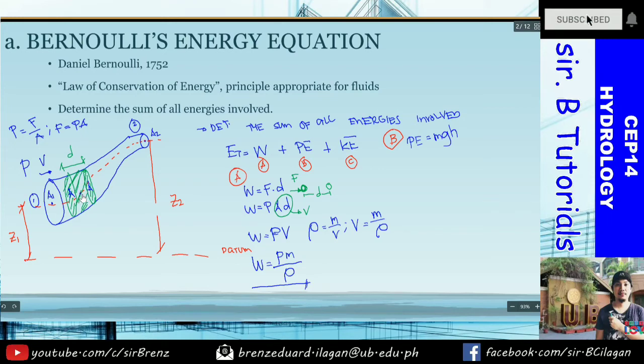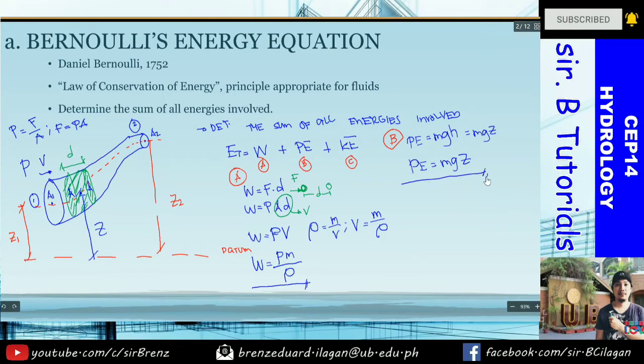So let's just say this is that point and we name it distance Z. Okay? So this will be equal to mass times the gravitational acceleration g times Z. So for potential energy, we will just use this equation with respect to the diagram we made.